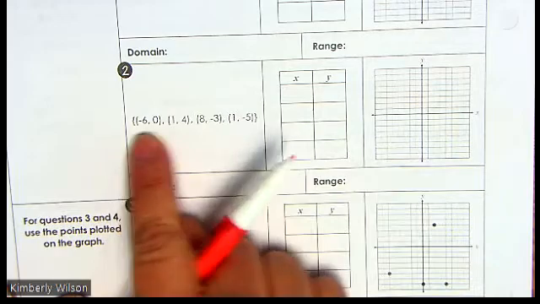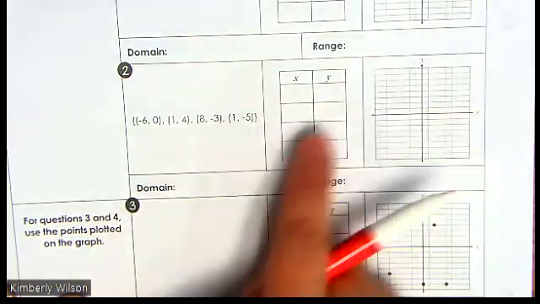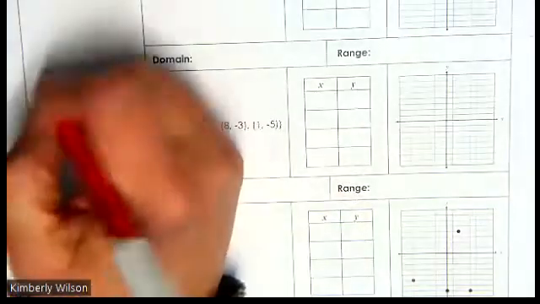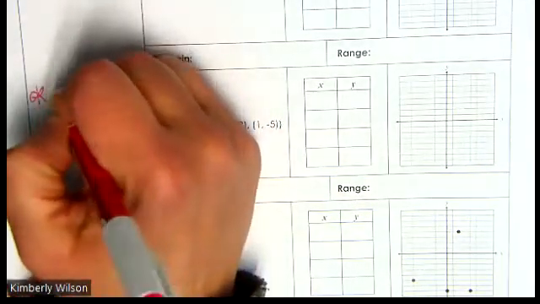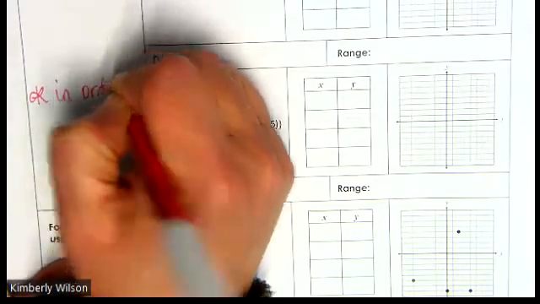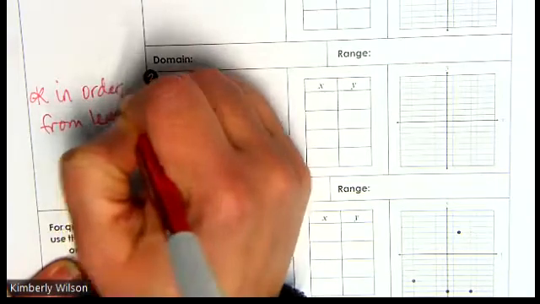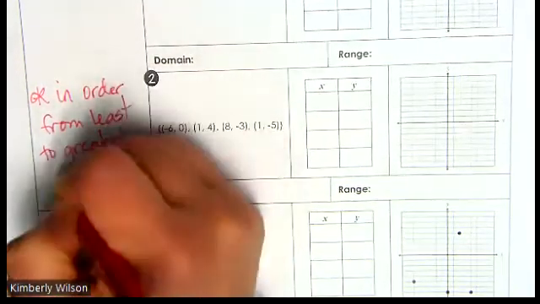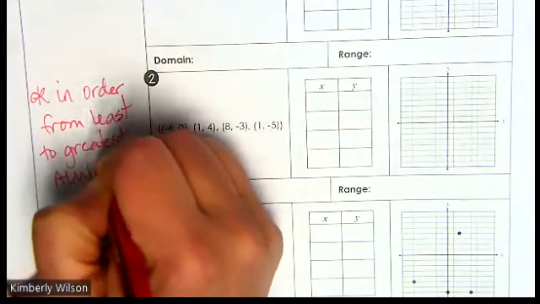And I'm going to look here. These are my X's, and you want to always put things in order from least to greatest. So let's make that little note: in order from least to greatest, always.